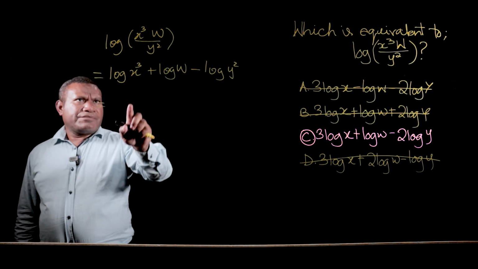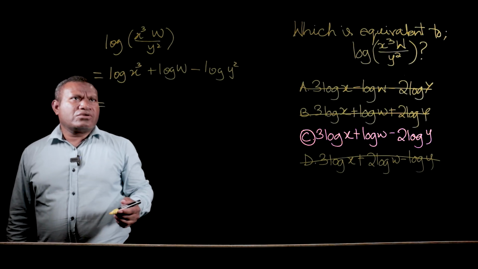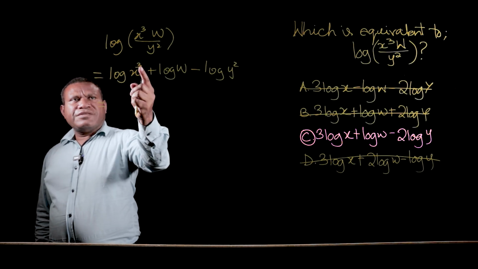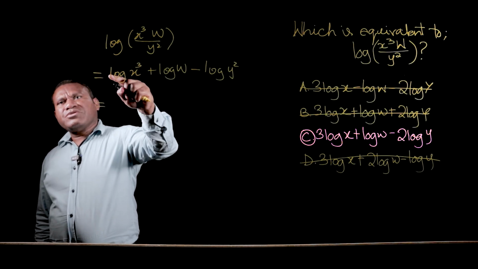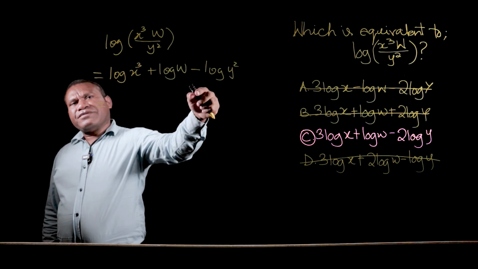Now we have to think of that other rule, which is the power rule. As we have seen in the previous example, this 3 is the same as the exponent of the log. So we can bring the 3 in front and also bring the 2 in front.